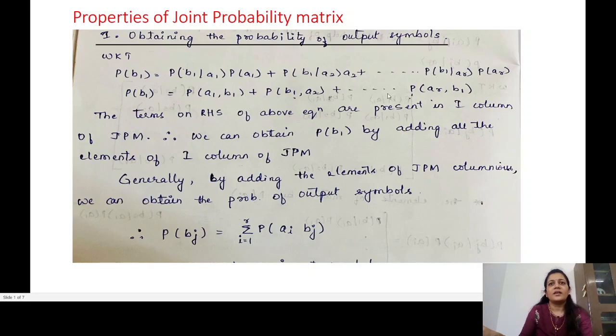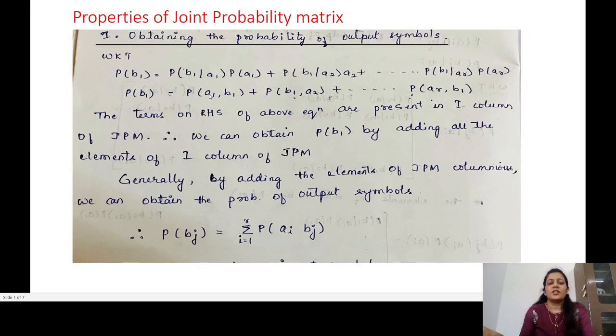Now I can see that the summation has R terms. In the first term, the second term, up to the R-th term, B1 is always constant, but I have a different value of A, that is A1 in the first term, A2 in the second term and finally AR in the last term. So since B1 is constant and the A value is different, this is actually the sum of all the elements of the first column in my joint probability matrix, right?